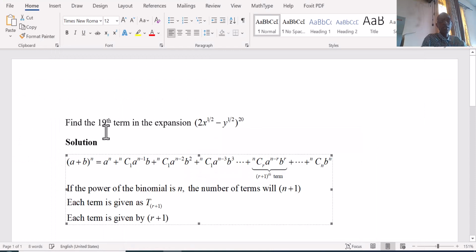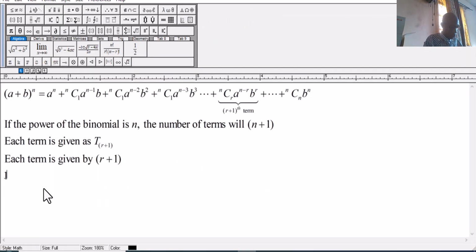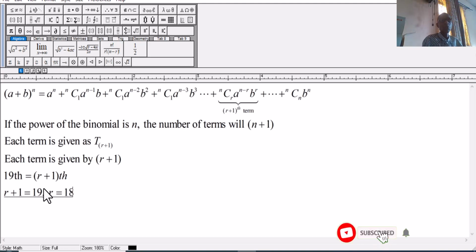So the 19th term is equal to the (r plus 1)th term. So our r plus 1 is equal to 19, which implies that our r is equal to 18.